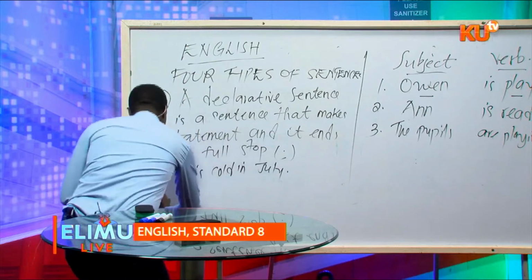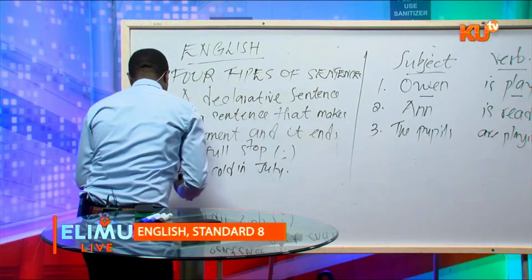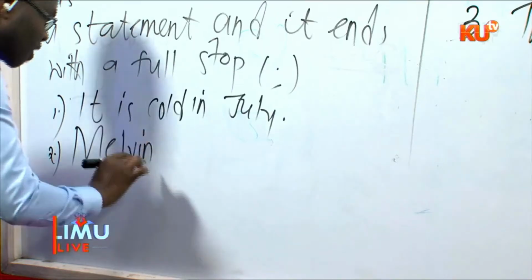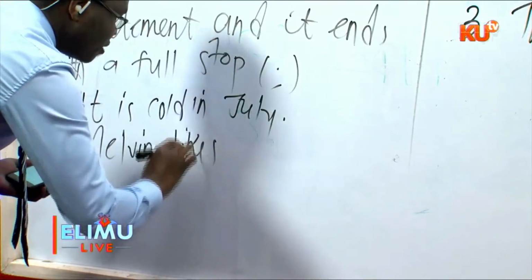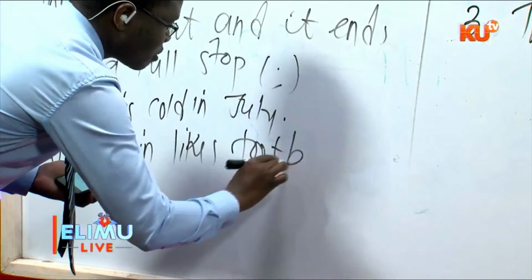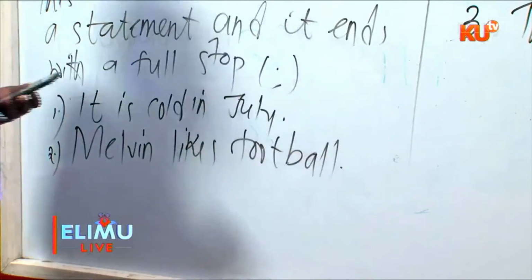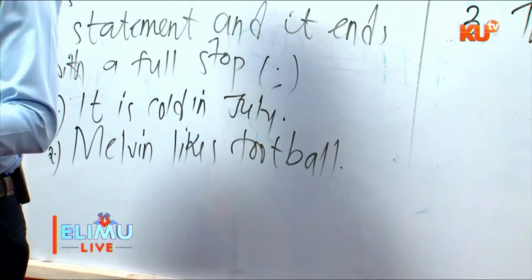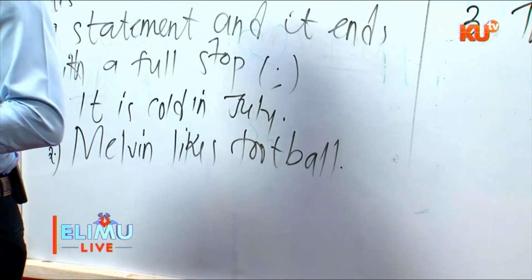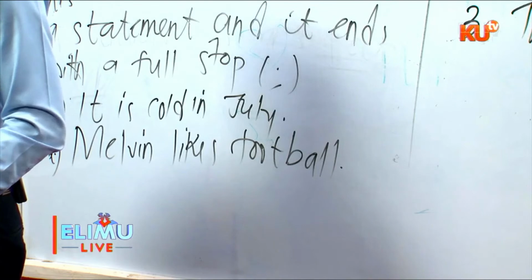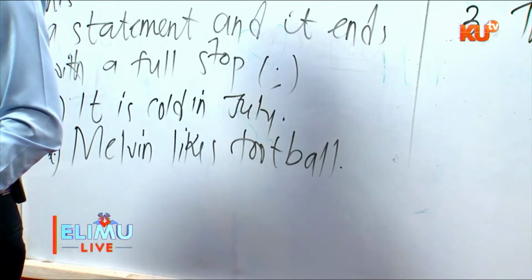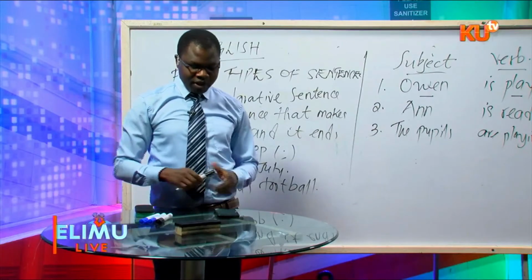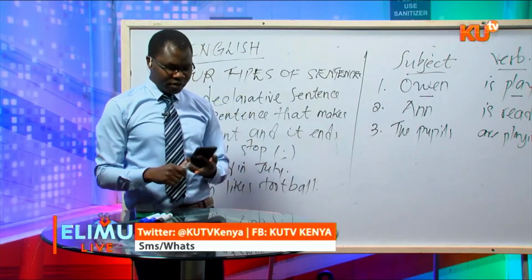Then number 2, Melvin likes football. Melvin likes football is also a declarative sentence, in that it is a statement made and it ends with a full stop.